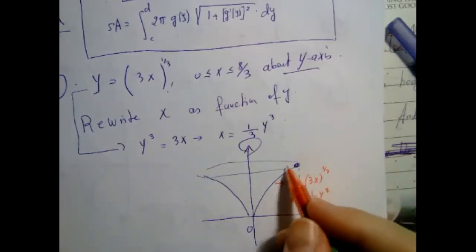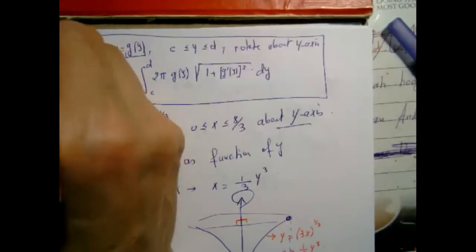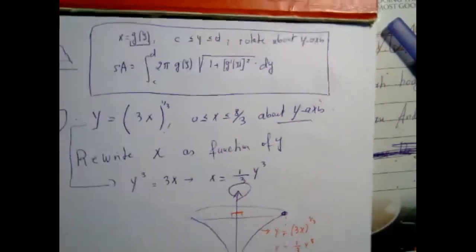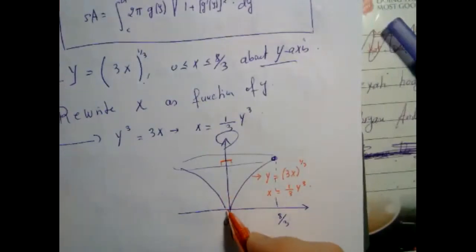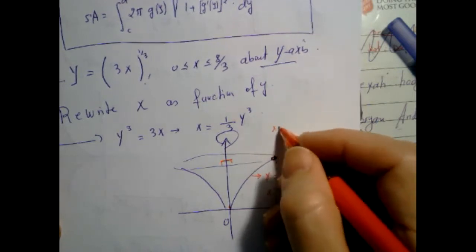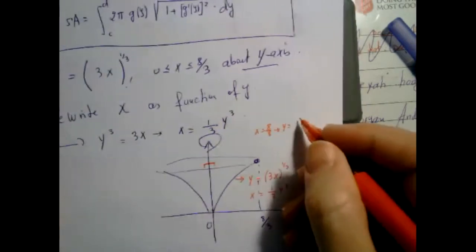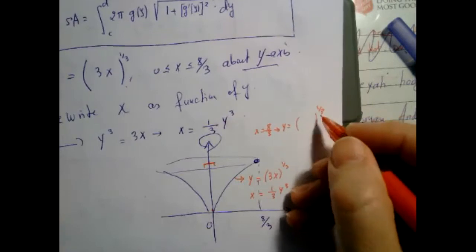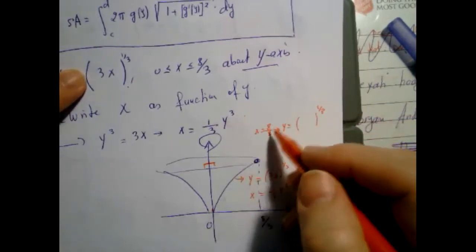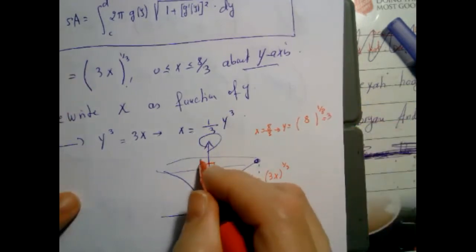Now step 2, we have to find the limits in terms of y, because the formula requires the limits. How can we cover the region, basically, if y is the variable? So what is the value here? If x is 8/3, then I plug in: y is 3 times 8/3, which is 8, which is equal to 2, cubed root. So y is 2.